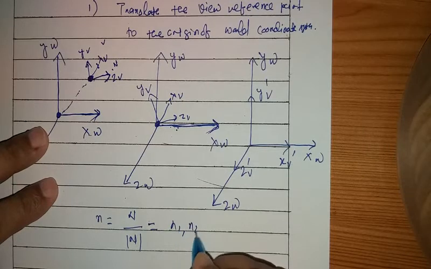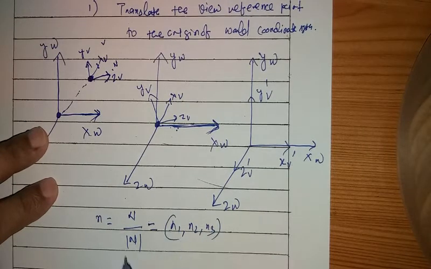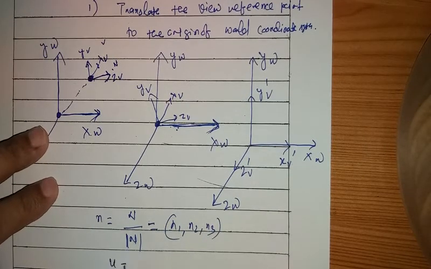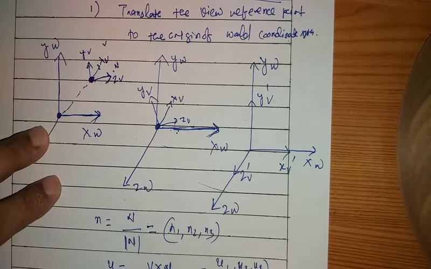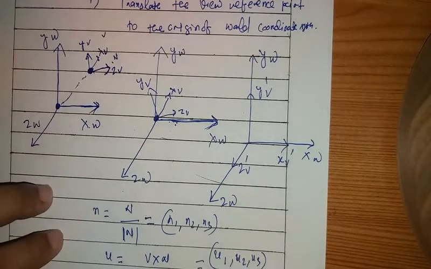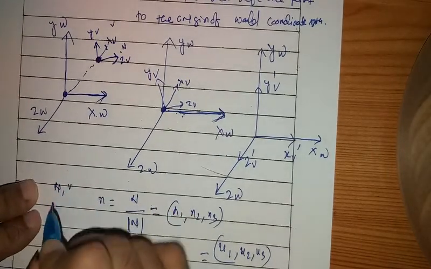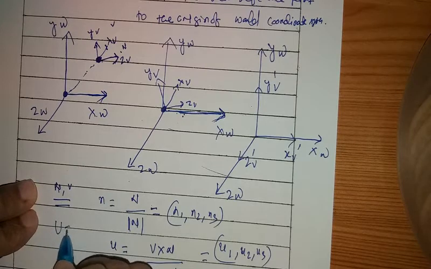Suppose this is n1, n2 and n3, and u will be v cross n, taking the cross product, with components u1, u2 and u3. So only n and v are given, and you have to find out u.